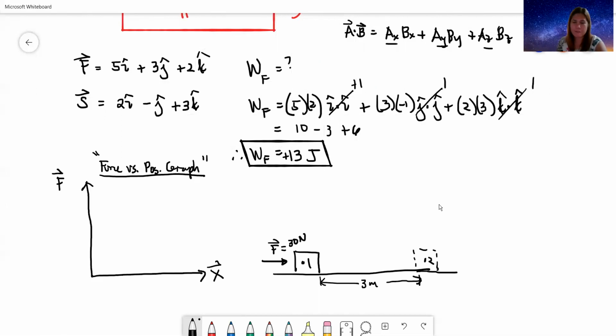So pag i-graph natin ngayon ang force versus position ng force na ito, so lalagay ko dito meter, lalagay ko dito newton. Yan. So the force here, applied force, does not depend on position.